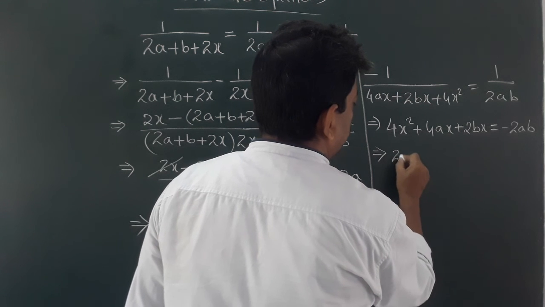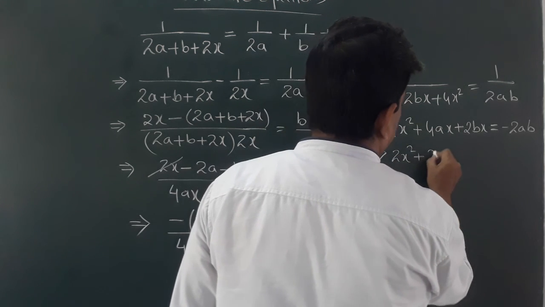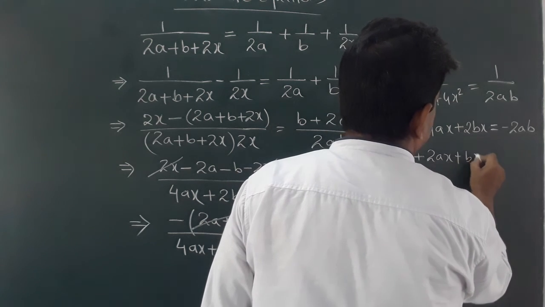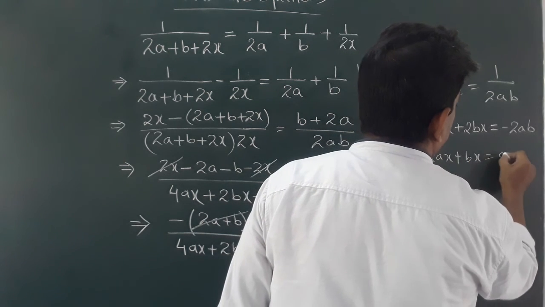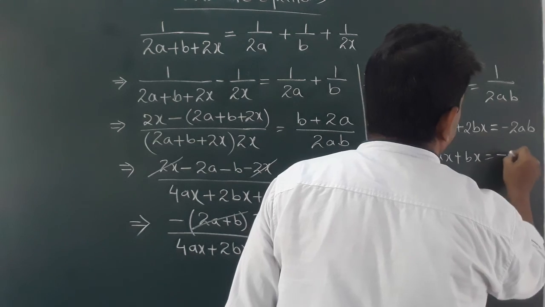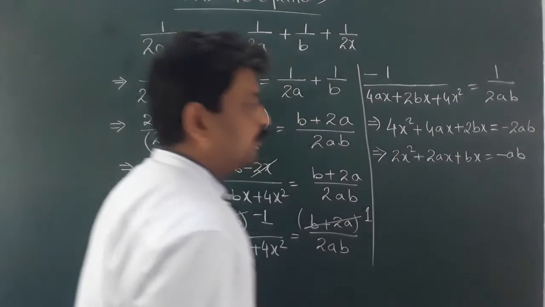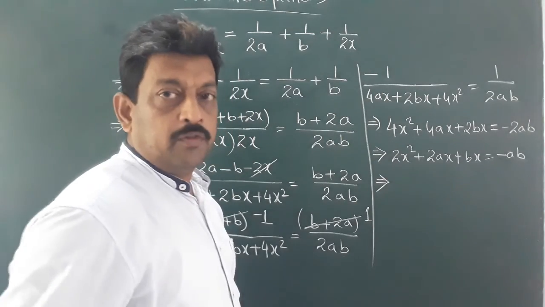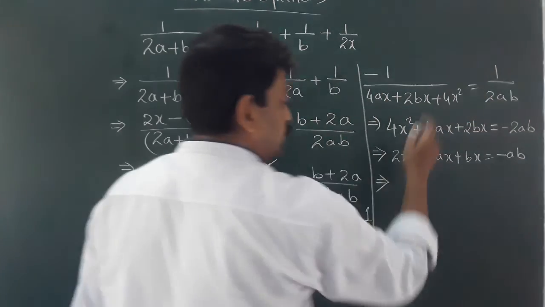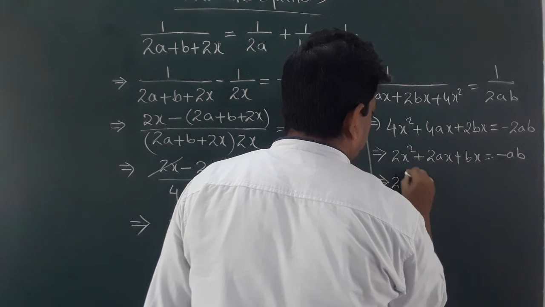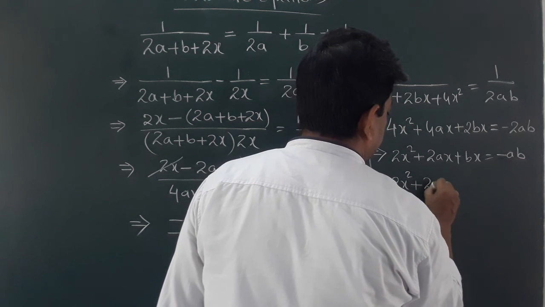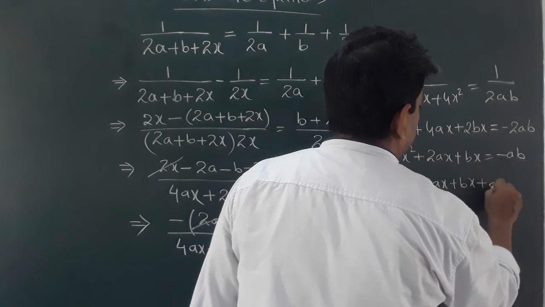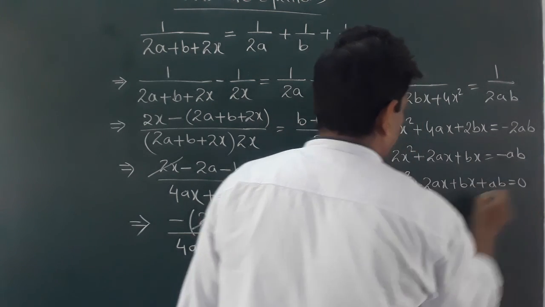That means it will become 2x squared, then 2ax, then bx, and this will be minus ab. So this minus ab will come to the left hand side and the right hand side will become 0. 2x squared plus 2ax plus bx plus ab equals 0.